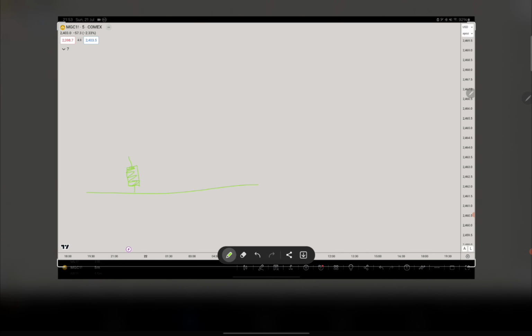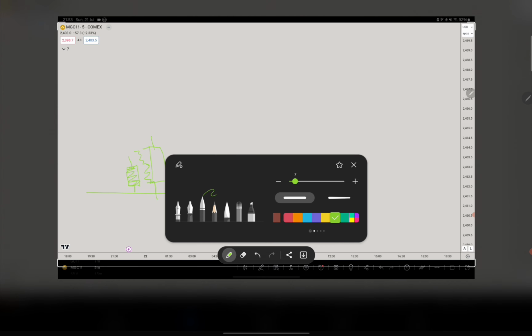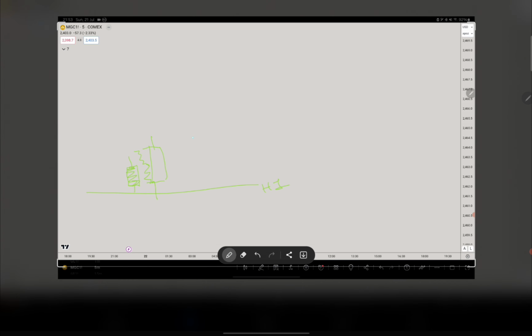Ideally price is coming back, creates this, and then closes somewhere over here. It's a rejection, of course, but how do we get an early entry? We want to drop down to a lower time frame. Let's say this is the H1. We want to drop down into at least the M15 to try and get a lower time frame entry.